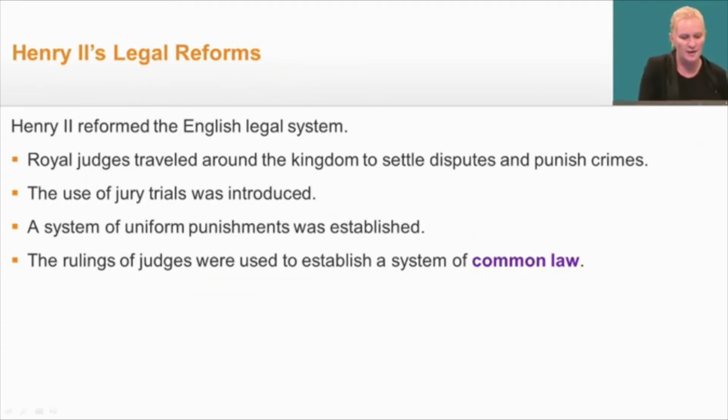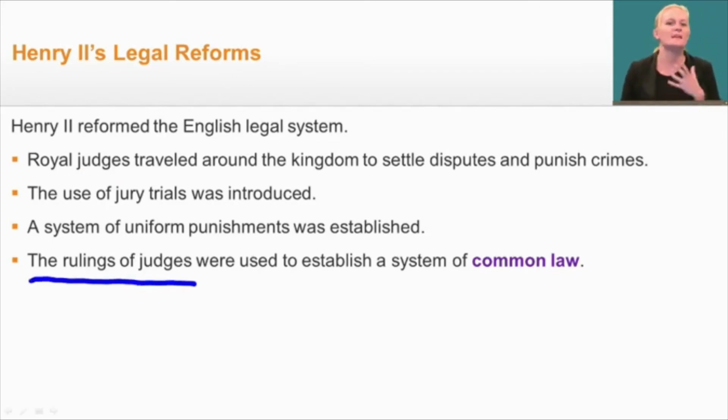If there was a previous ruling on the same subject, let's say that there was a land dispute, but maybe a few months ago there was a similar case that this judge or another judge had heard involving the same type of situation, and that had already been ruled upon. Well, judges would look at those previous rulings to decide the current case, and that's what precedent is.